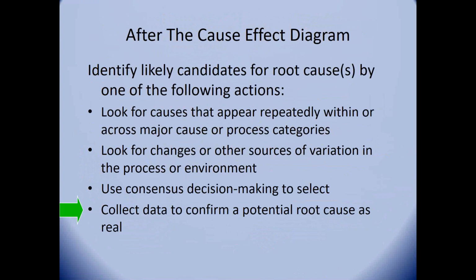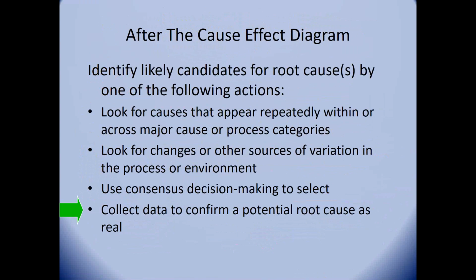It says look for causes that appear repeatedly within a major or across a major cause or process category. It says look for changes or other sorts of variation in the process or environment. Use consensus. Again, this is a team making decision, so use some consensus in this decision making process to select the right root cause that you may want to go after.